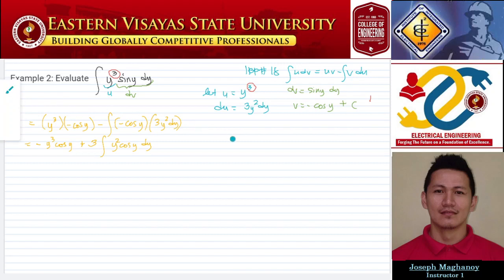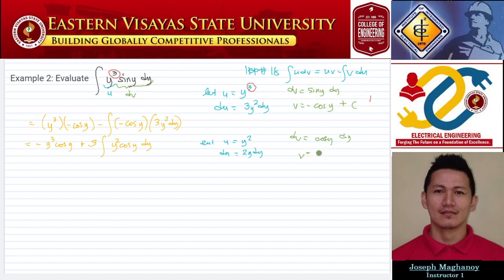Okay, so we let u again here. We let u equal to y squared. So our du is 2y dy. Then for our dv, that is the remaining cosine y dy.